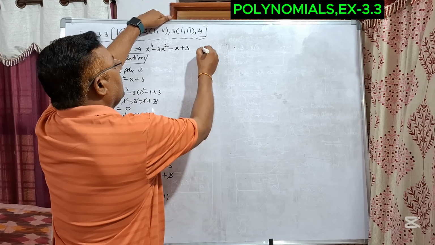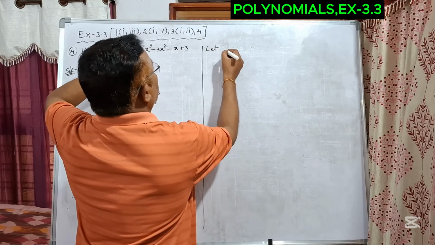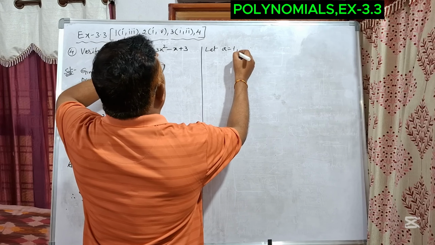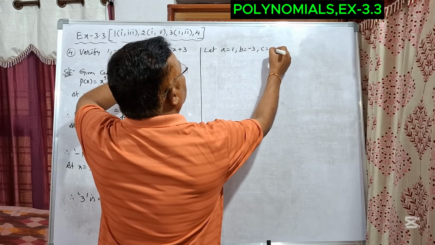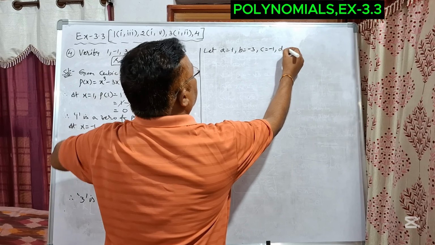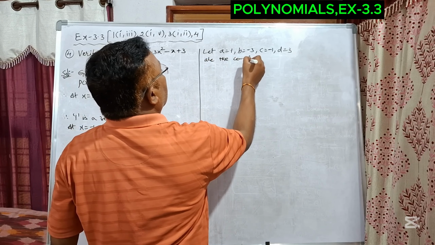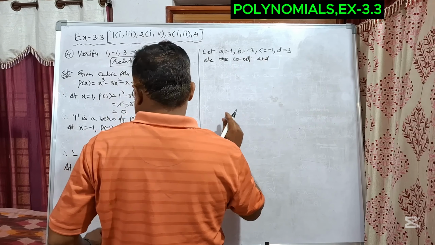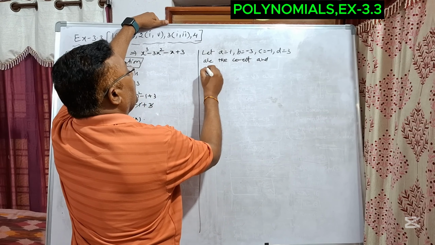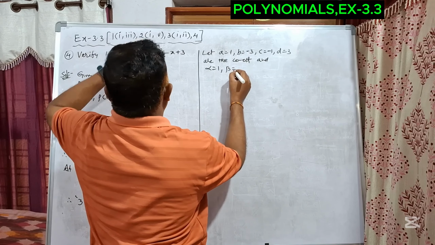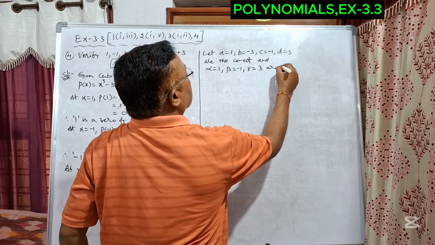So to check the relation, let x cube coefficient a is equal to 1, x square coefficient b is equal to minus 3, x coefficient c is equal to minus 1 and constant d equal to 3 are the coefficients, and these three numbers 1, minus 1, 3 are the zeros. Alpha equal to 1, beta equal to minus 1, gamma equal to plus 3 are the zeros.